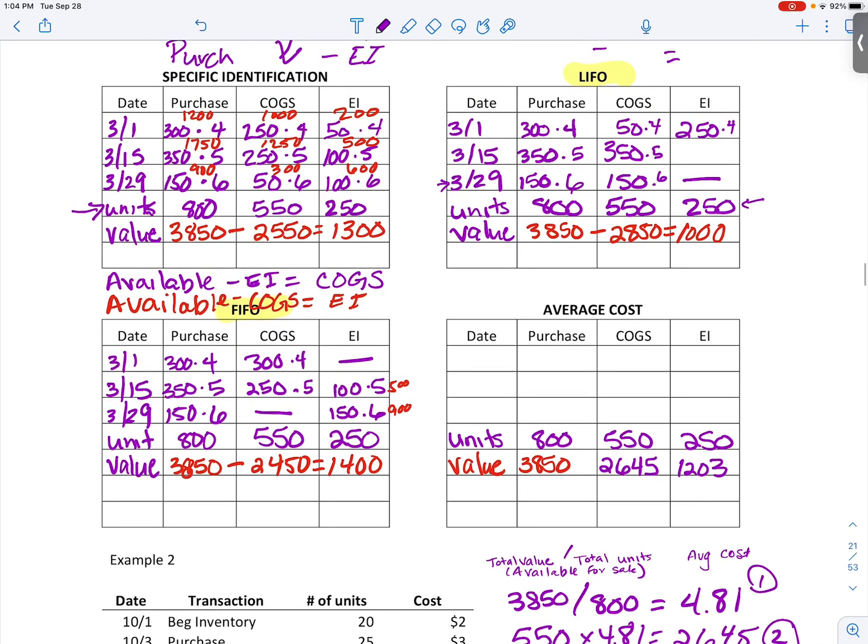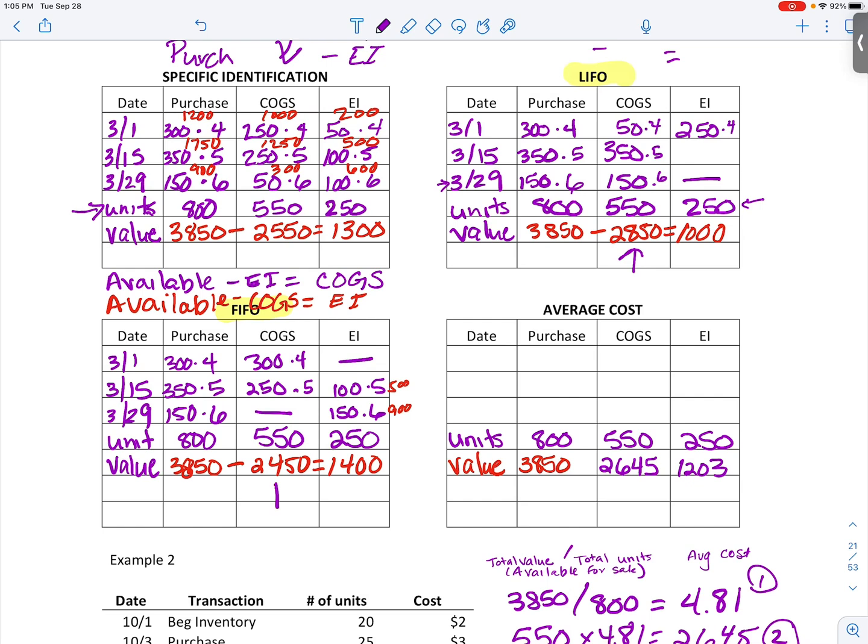One other thing that we're going to talk about in a second, but I want to explain while we're here, is how this affects both our cost of goods sold and our ending inventory. In LIFO, our last in, first out, you can see our cost of goods sold is really high, right? And in FIFO, first in, first out, this is again only because our costs are rising normally.